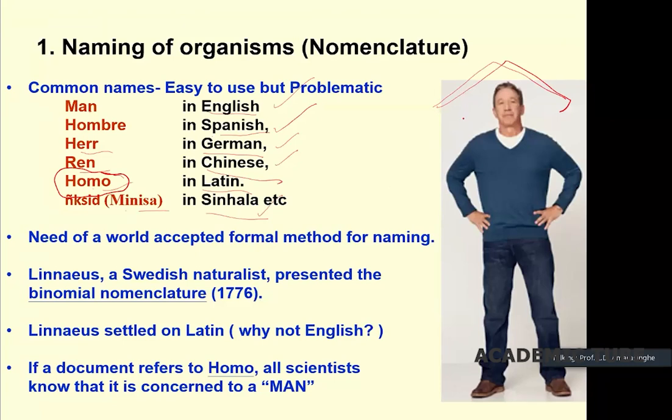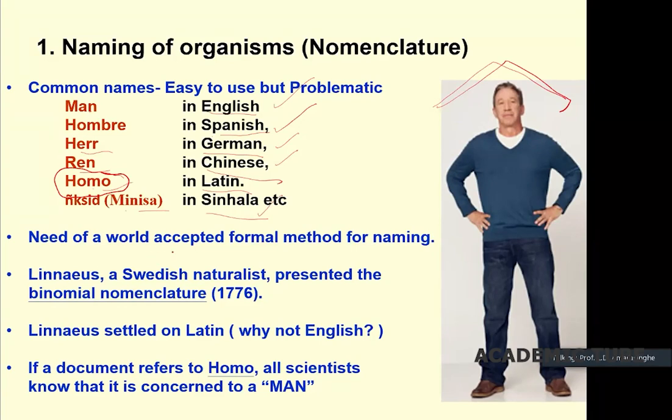That is only human, but if it is an unknown animal and we give different common names, for the same animal found in a different country, we are unable to make it clear whether it is the same animal referred to by those different names.